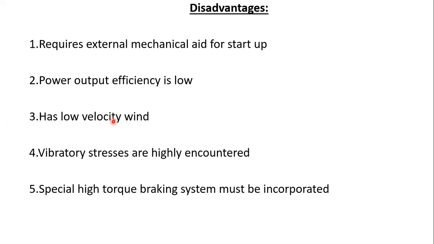As we go up in the atmosphere, the wind speed will be increasing. Because these Darrieus rotors are situated near the ground, they are experiencing very low velocity wind compared to the tower mounted conventional wind energy systems.